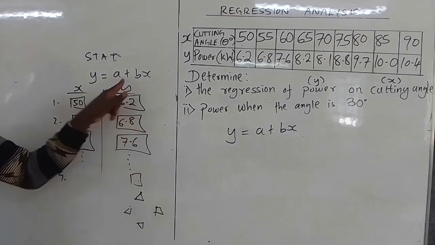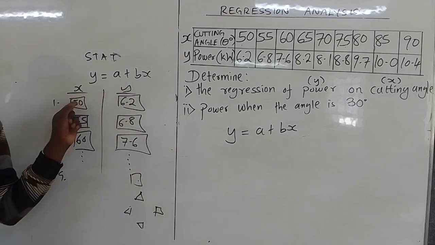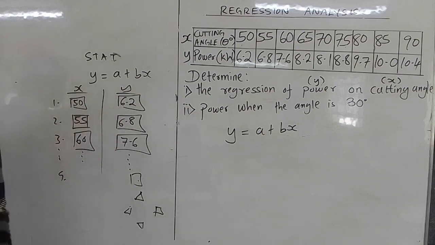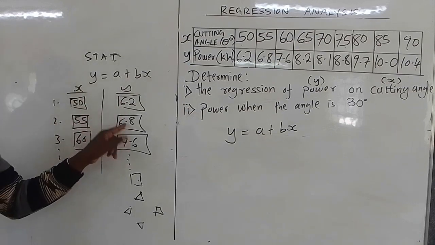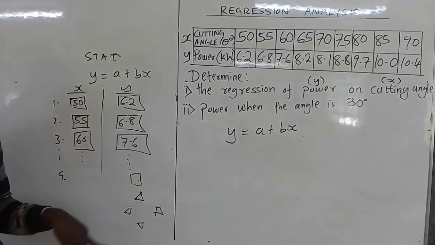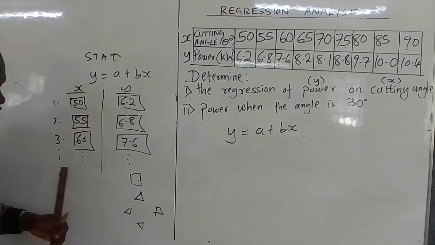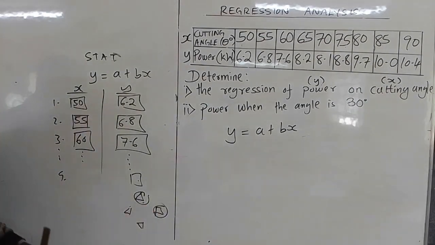You have to scroll until you get the y value corresponding to 50, and that is where you record it. The y value corresponding to 55 is where you record it. That's why you're using these scroll buttons. Have we recorded everything?